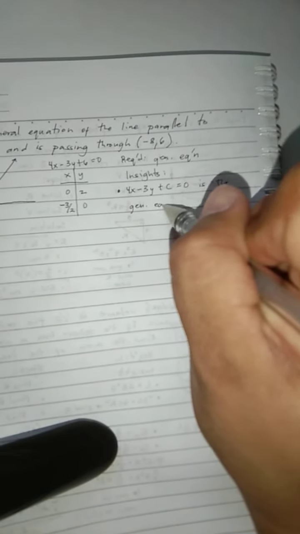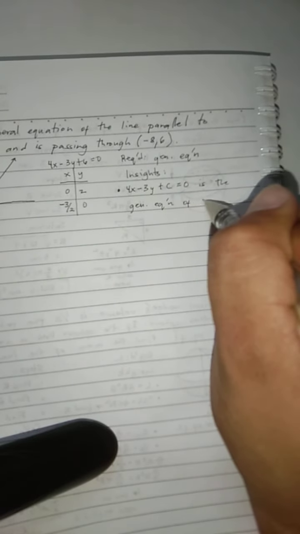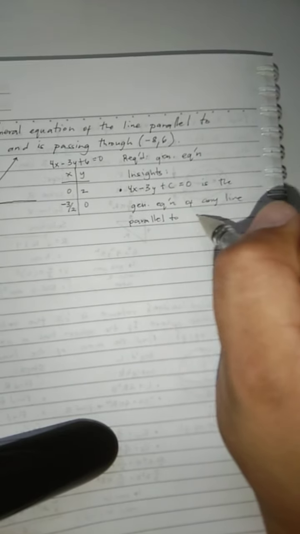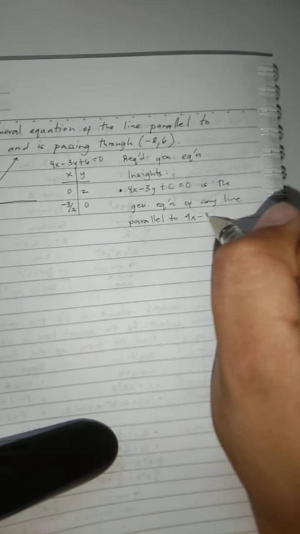I can write here, this is the general equation of any line parallel to 4x minus 3y plus 6 equals 0. Remember our notes about straight lines: the general equations of lines that are parallel to each other have the same ax and by, and they only differ in c. That is the concept I am applying right here.